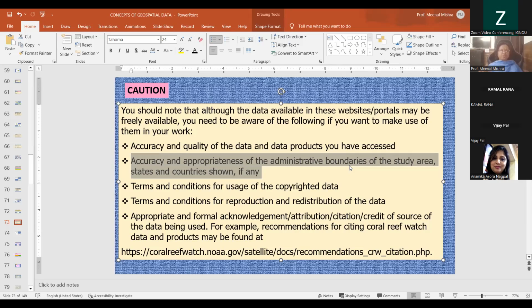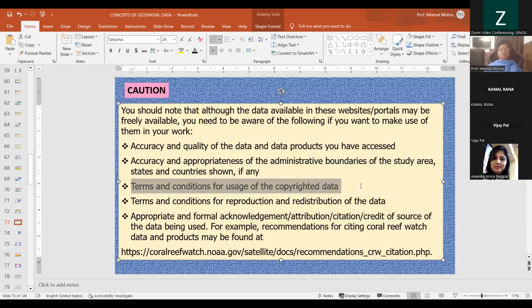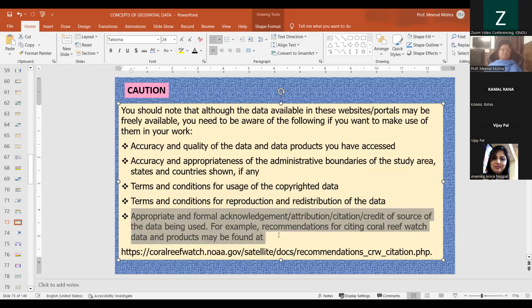So you should be very careful about the accuracy, and very important, the terms and conditions of the usage of the copyrighted data. And then another one is terms and conditions for the reproduction and distribution of the data. And whenever you use some data, you should give appropriate and formal acknowledgement, citation, and credit for the source.